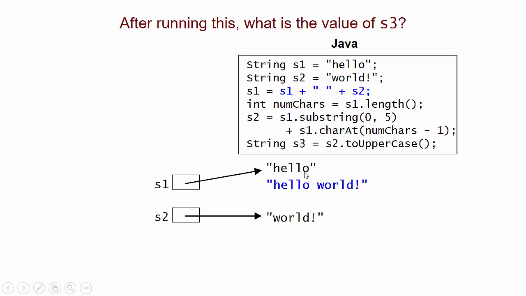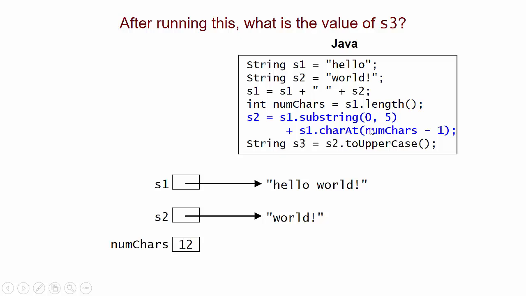Notice the original string hasn't changed, but now we're going to make S1 point to that new string. And so the old string is now lost. Then we figure out the length of the string, and again, that method, because we're calling it on S1, because S1 is before the dot, it's going to return the number of characters in that string, which is 12, and we're storing it in the variable numChars.